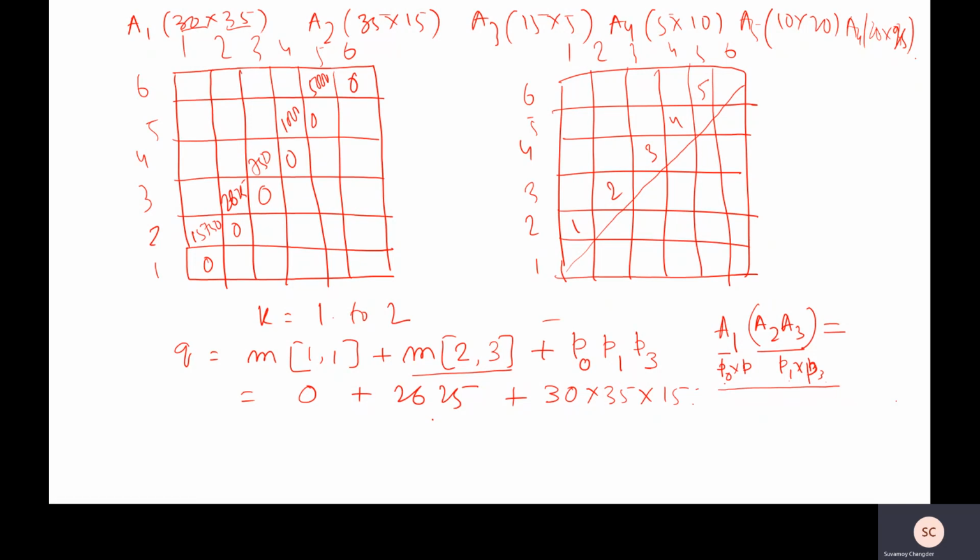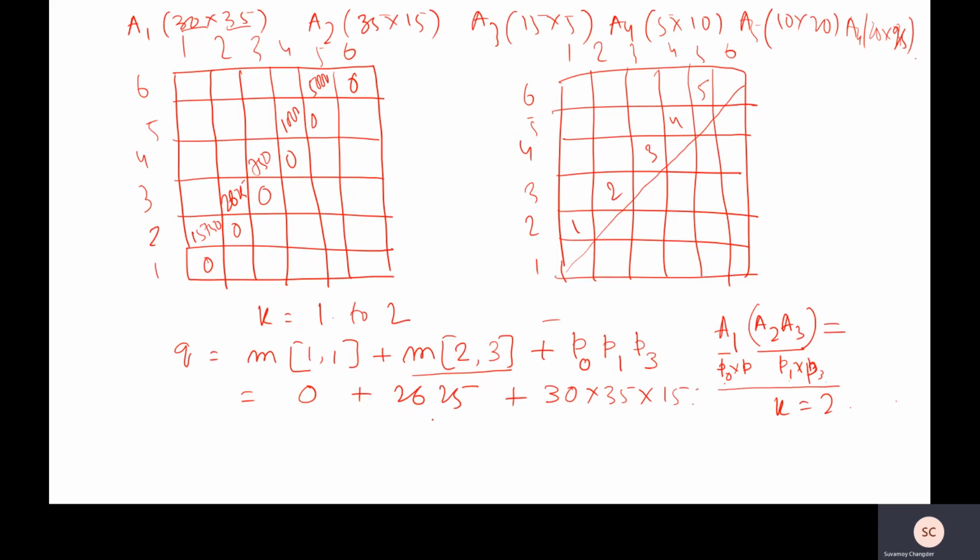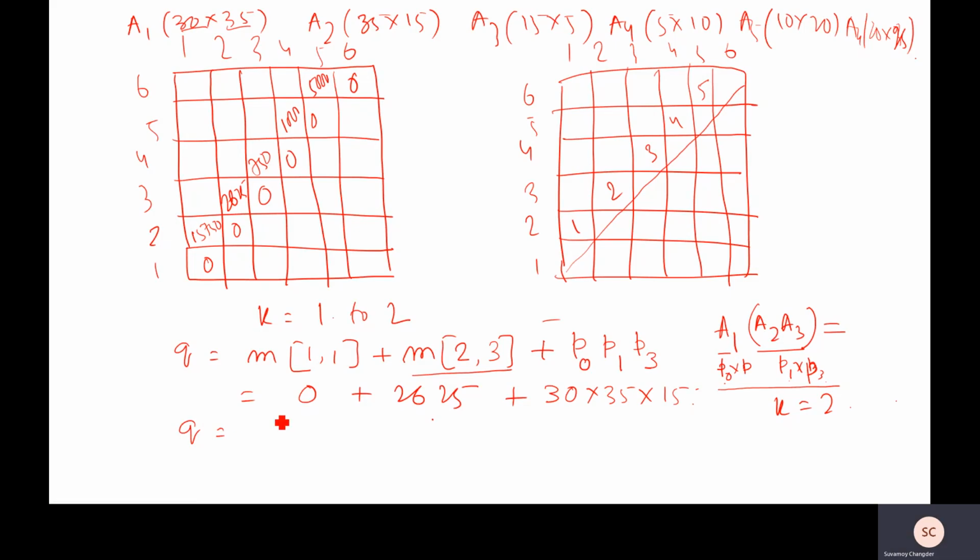And for k equals to 2, we will get another value, that is q equals to M[1][2] plus M[3][3] plus p0 into p2 into p3.